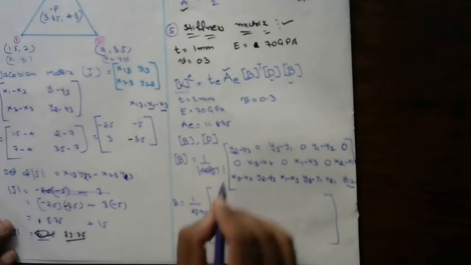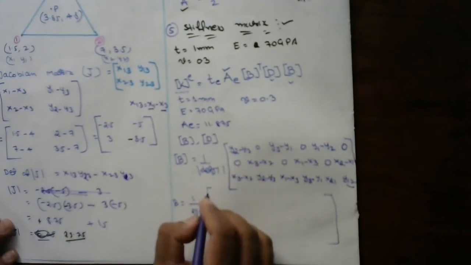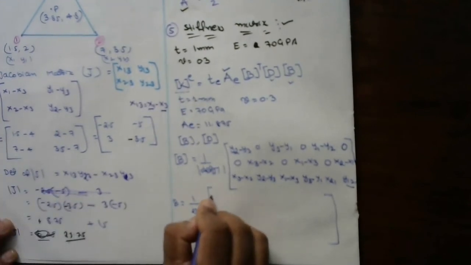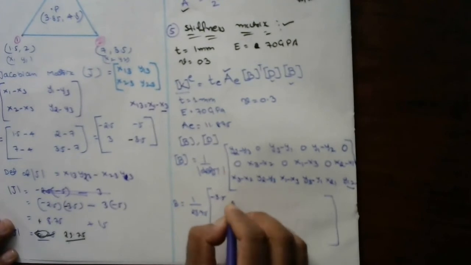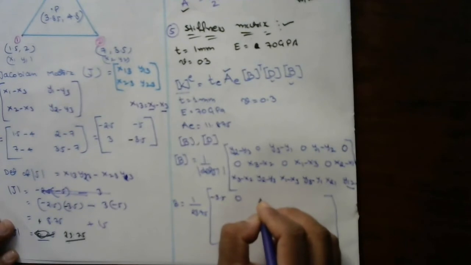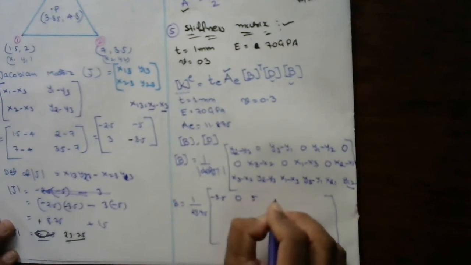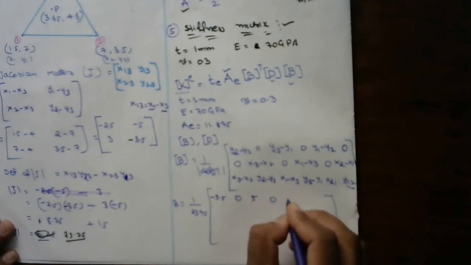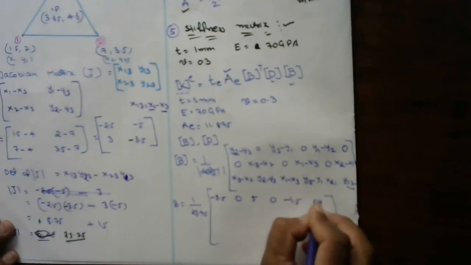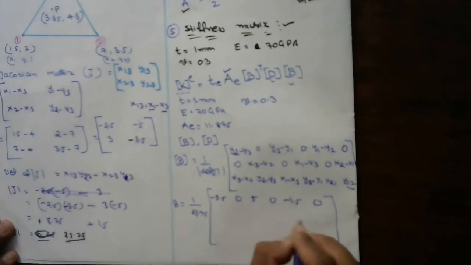So y2 minus y3 is equal to 3.5 minus 7, and it becomes minus 3.5, and the next element is 0. The next element y3 minus y1 can be written as 7 minus 2, and that would become 5, and the next element would be 0. The next element is y1 minus y2, that is equal to 2 minus 3.5, it becomes minus 1.5, and the last element would be 0.